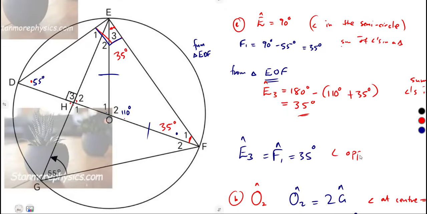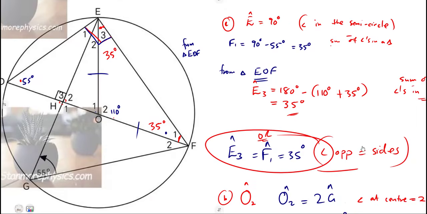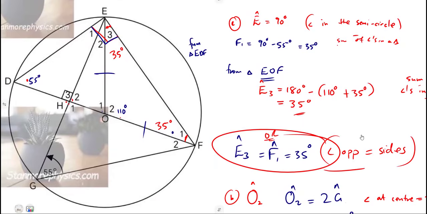Angles opposite equal sides. Another way that we could have just found our angle E3 direct from angle F1. So you see, it's all about a theorem. As long as you are using a theorem, you can answer these typical questions.